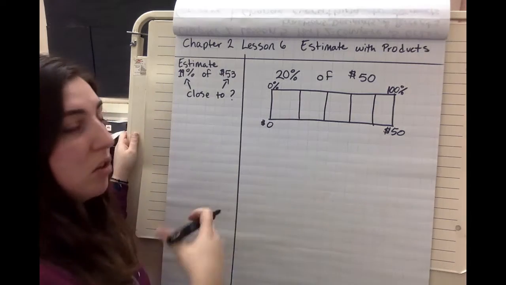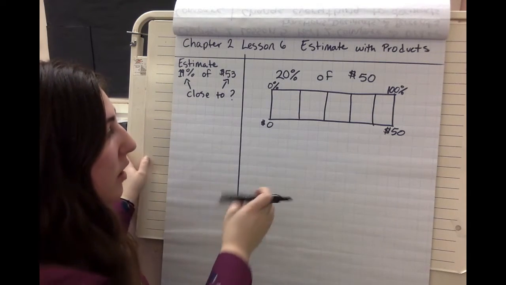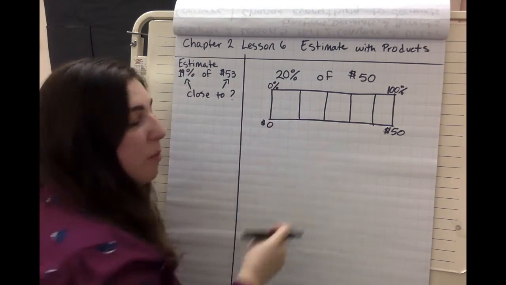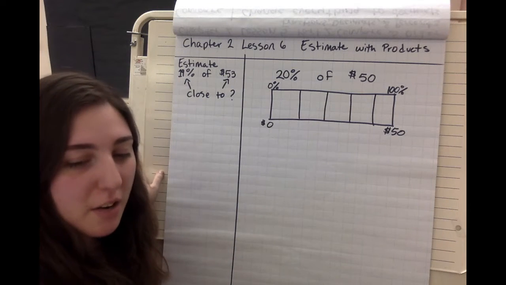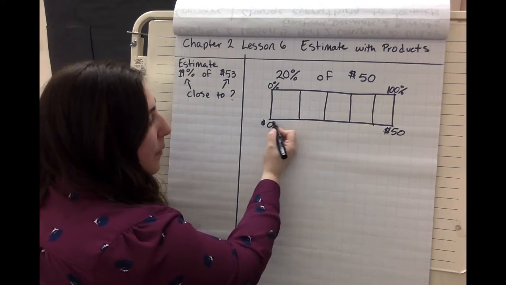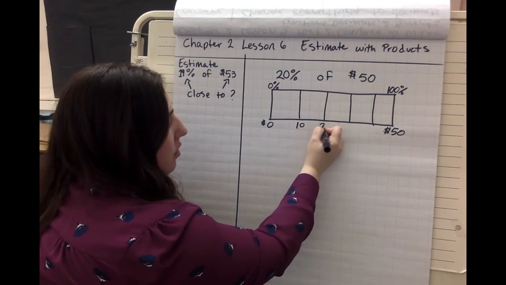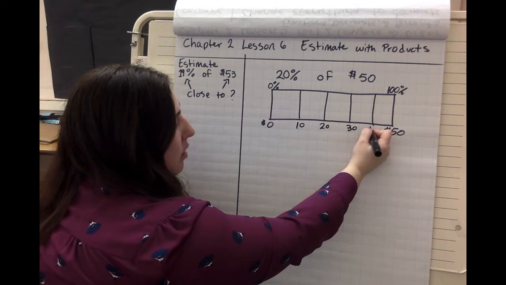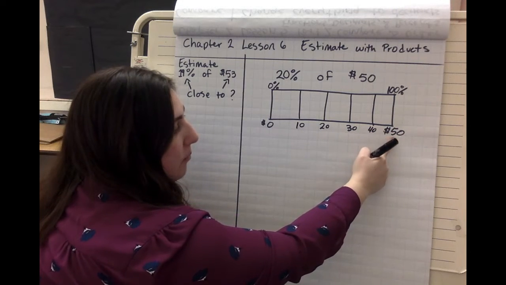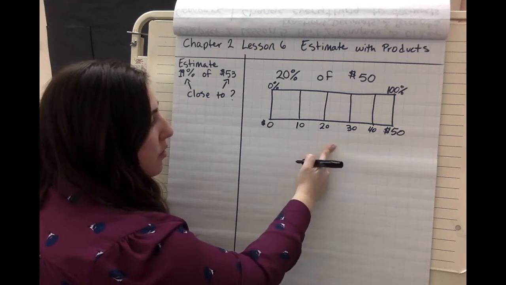My drawing doesn't look like every section is equal, but we're just going to pretend. I know if I count by tens, I'm going to get 50. So 10, 20, 30, 40, 50. And these are dollar amounts.